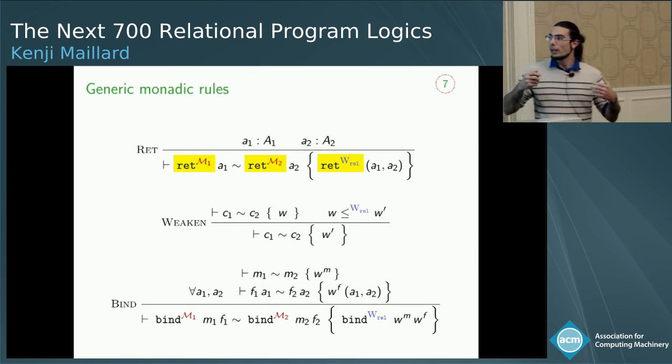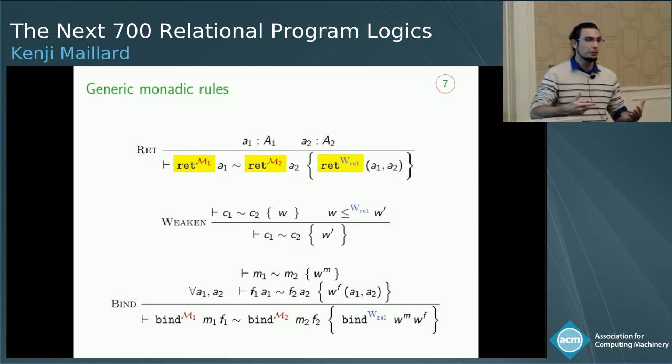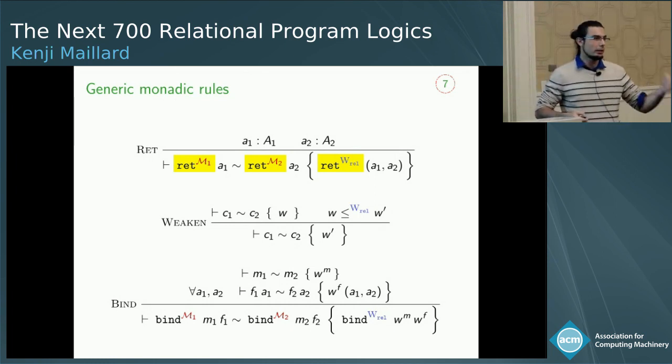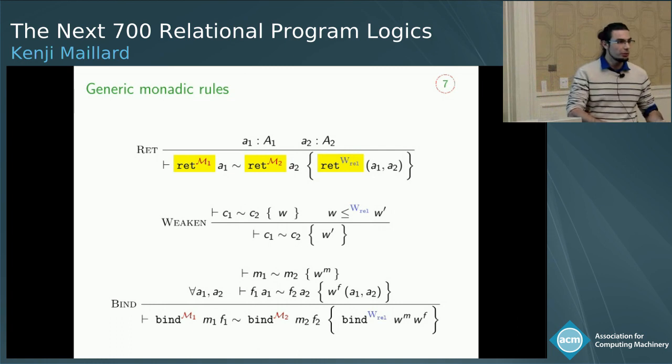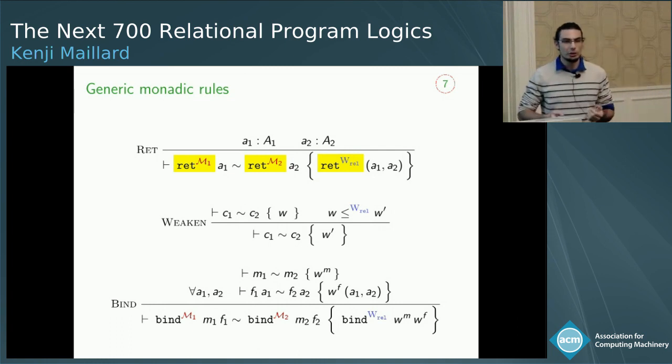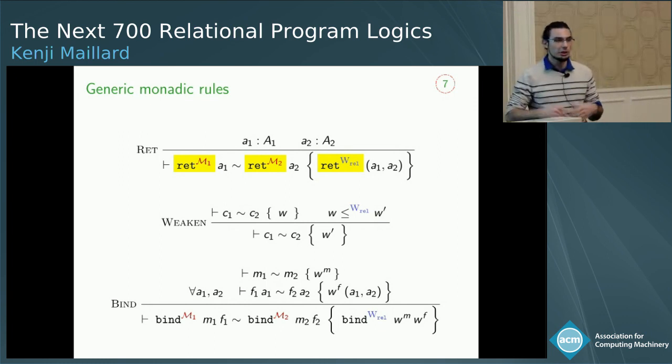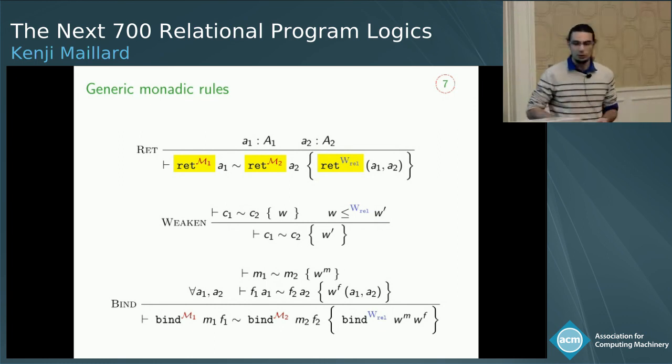So I have three rules which mimic the structure that I have on monads. One rule that says that I can relate two returned values at some specification that I'm for the moment calling return, and which depends on the two values.